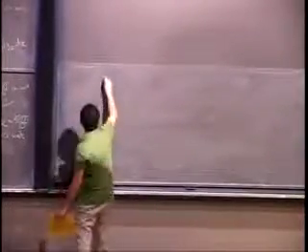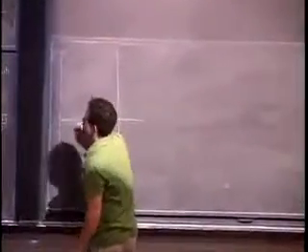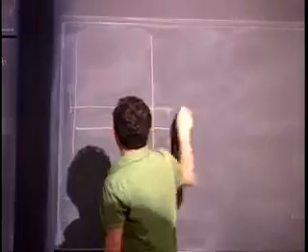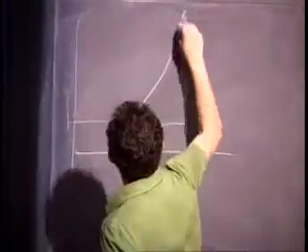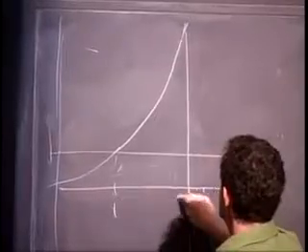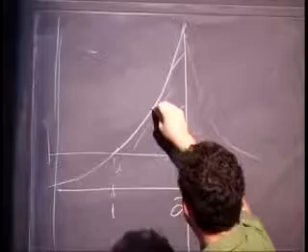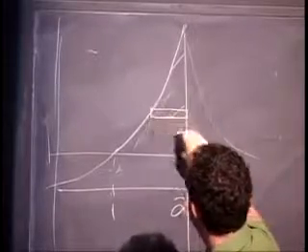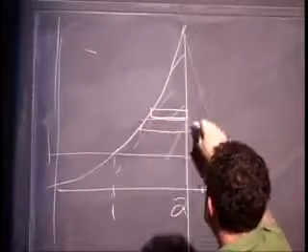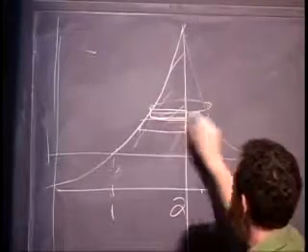Let's go back to the problem where you had to go around x equals 2. I did it an unnatural way. Here it is, 1, 2. What I really wanted to do for this is take horizontal strips and revolve them to get disks.